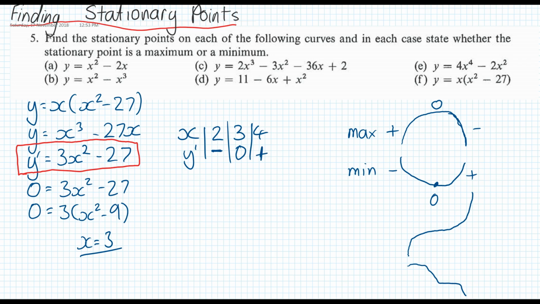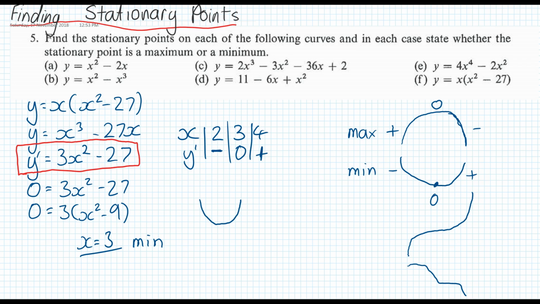Okay, so now I know that it heads down, hits 0, and heads back up. So I can say that my x equals 3 is a minimum. It's a stationary point and it's a minimum.